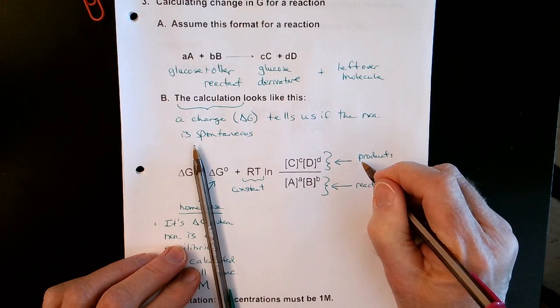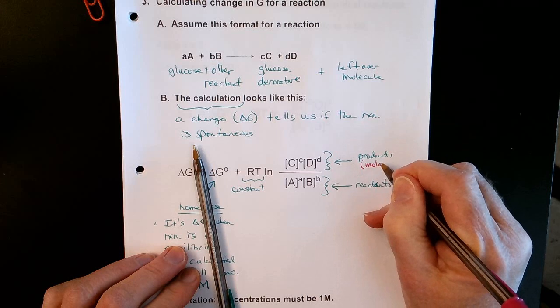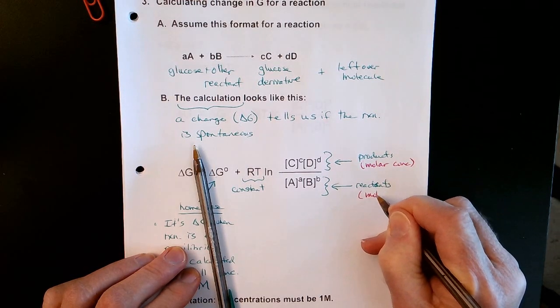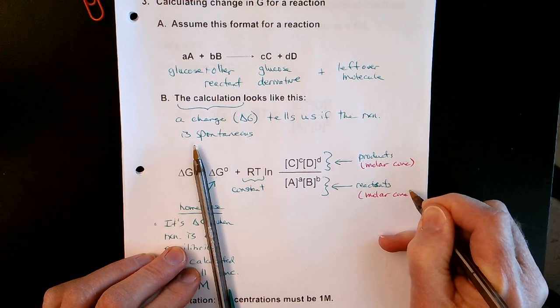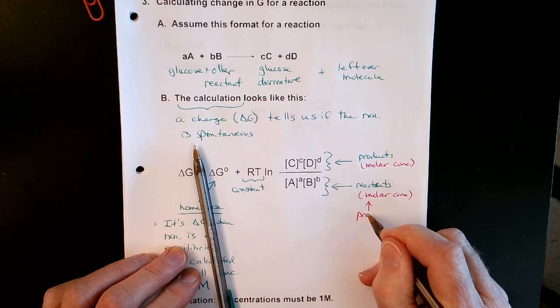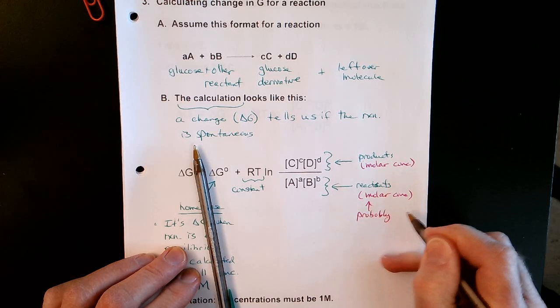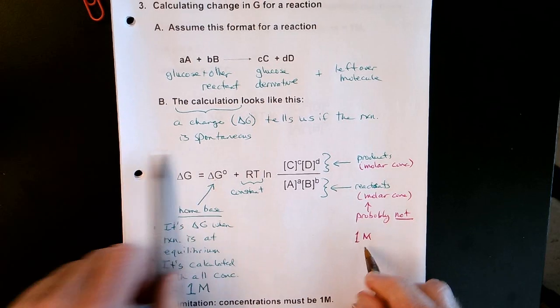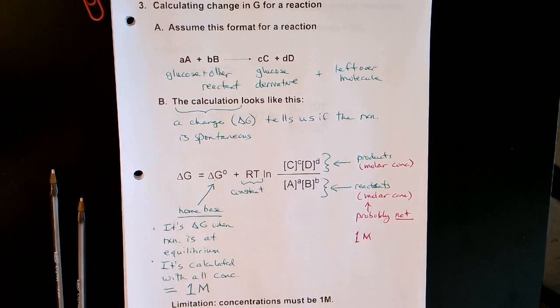And here's what you're going to put for both of them. Their molar concentration. And keep in mind, in the real world, probably not 1 molar. 1 molar is where you start, just because you have to start somewhere.